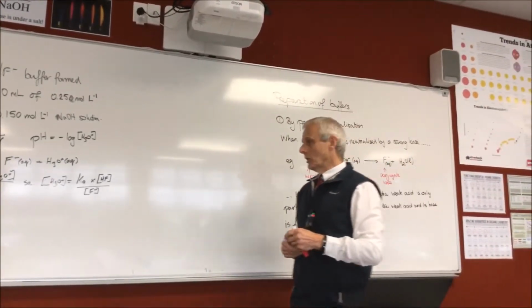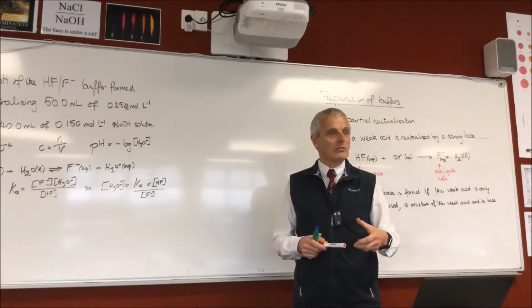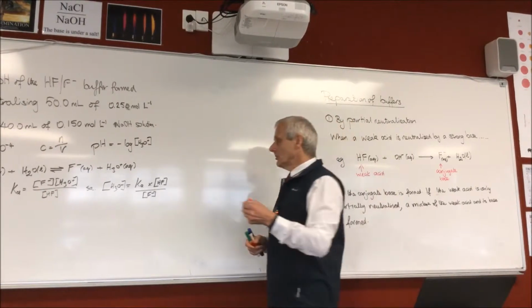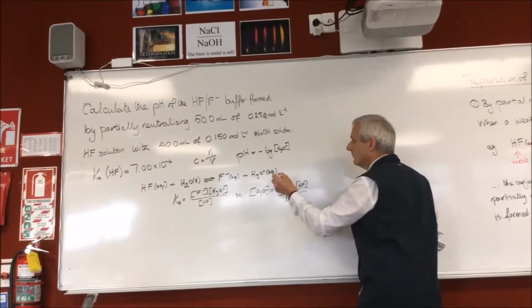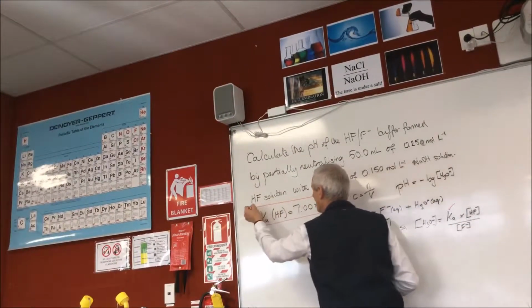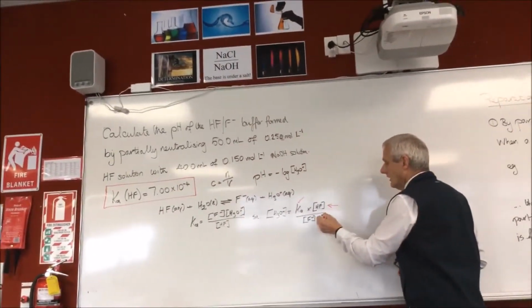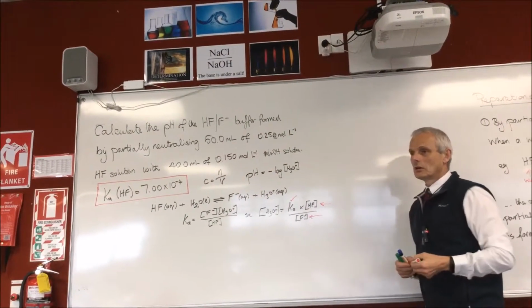So let's have a look at this equation and see what we've got and see what we haven't yet got that we need to work out. We actually have Ka because that's given here, but we don't yet have these two.